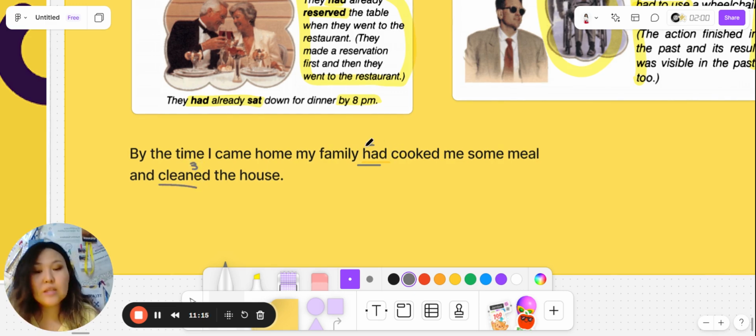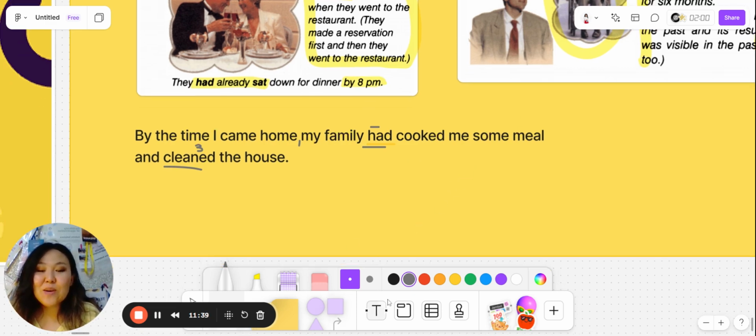So by the time I came home, my family had cooked me some meal. So it means that when I came home, everything was ready. I had a perfectly cooked dinner and the house was clean and I was enjoying it. So yeah, I had the result.